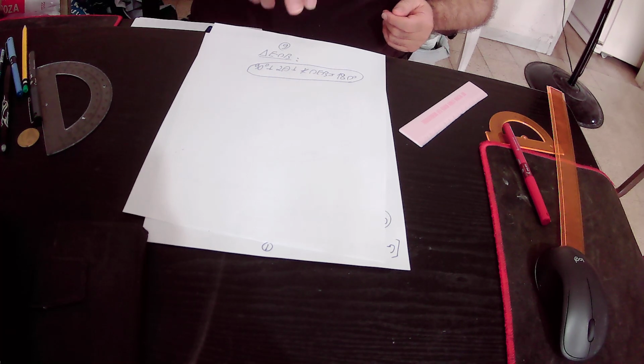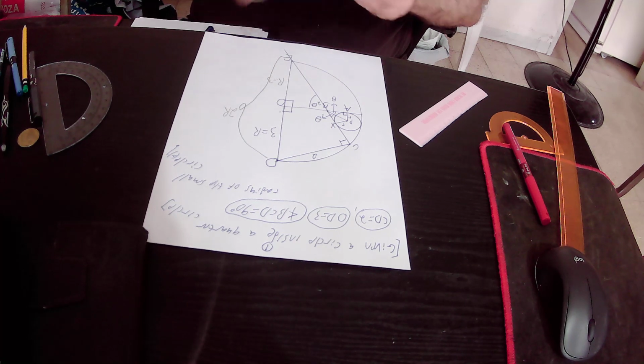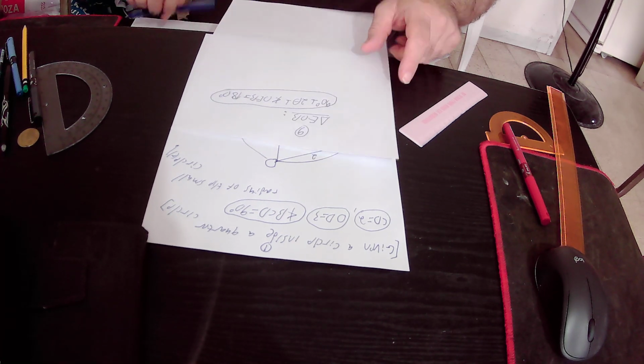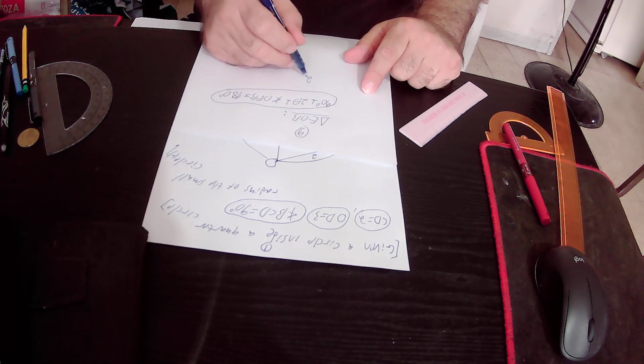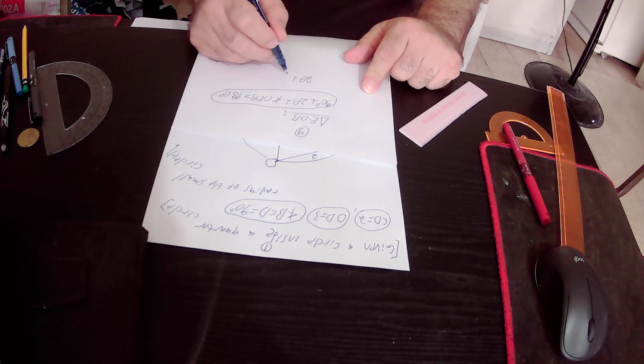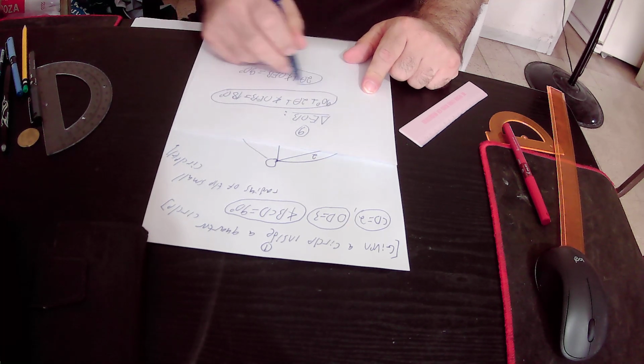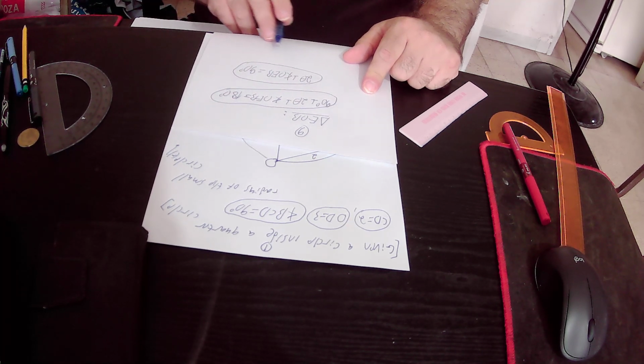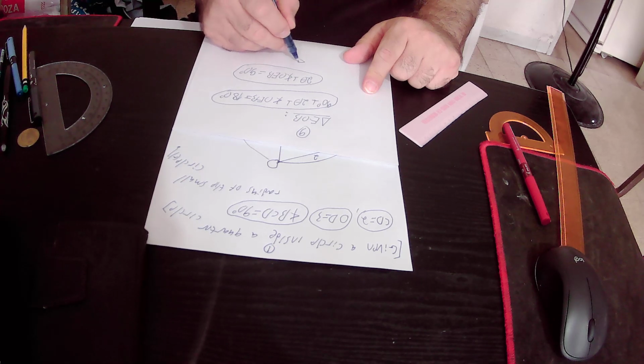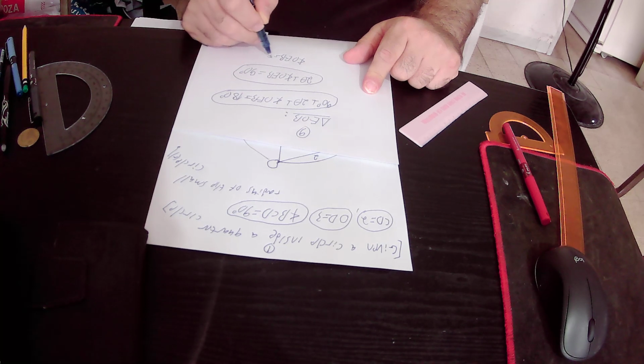So here we will subtract 90 degrees from this equality, and we will get that 2 theta plus angle OEB will be equal to 180 degrees minus 90 degrees, which is 90 degrees. Okay, so here we will subtract 2 theta from this equality, and we will get that angle OEB equals 90 degrees minus 2 theta.